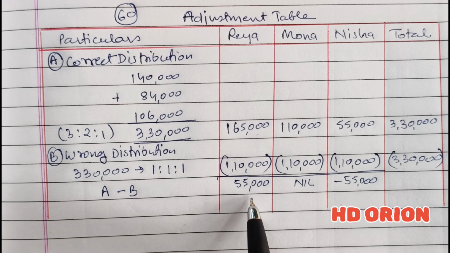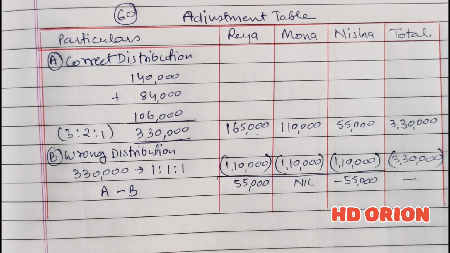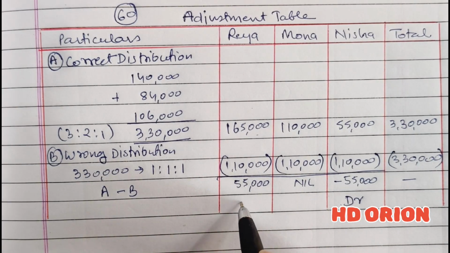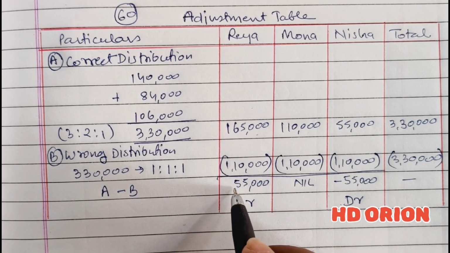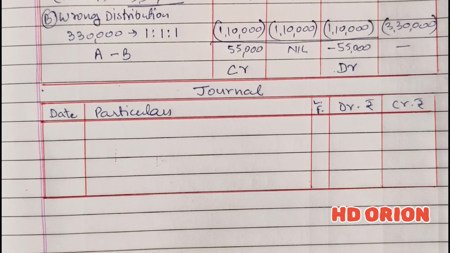So here you will find that the negative and the positive amounts will always be equal. Now for the minus figure, what we have to do? We have to debit the capital account, and for the positive amount we have to credit the capital account.